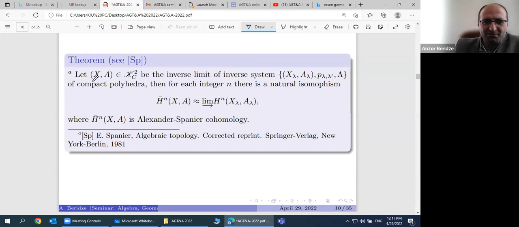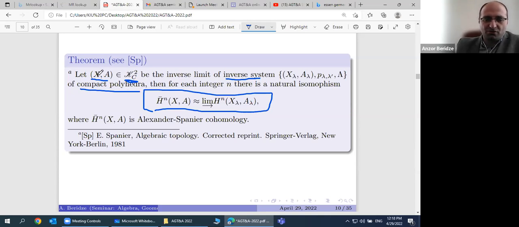the continuous property for cohomology. What does it mean, the continuous property for cohomology? The category is pairs of compact topological spaces. If a pair of topological spaces is an inverse limit of compact polyhedra, so it is always possible to construct a compact topological space as an inverse limit of compact polyhedra, then we have such an isomorphism for Alexander-Spanier cohomology or Čech cohomology.